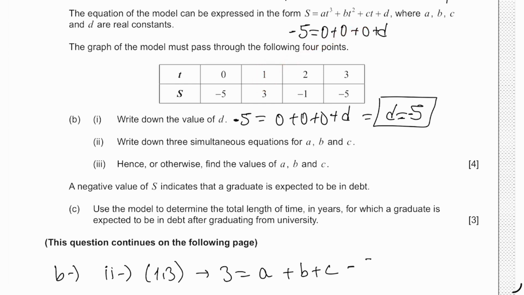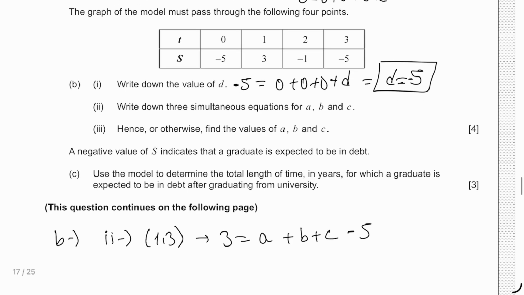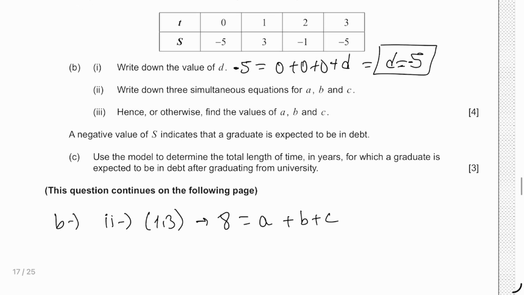Minus D is minus 5. This is our first equation. Let's rearrange it and send this minus 5 to the other side, and make it 8. So this is the first equation.